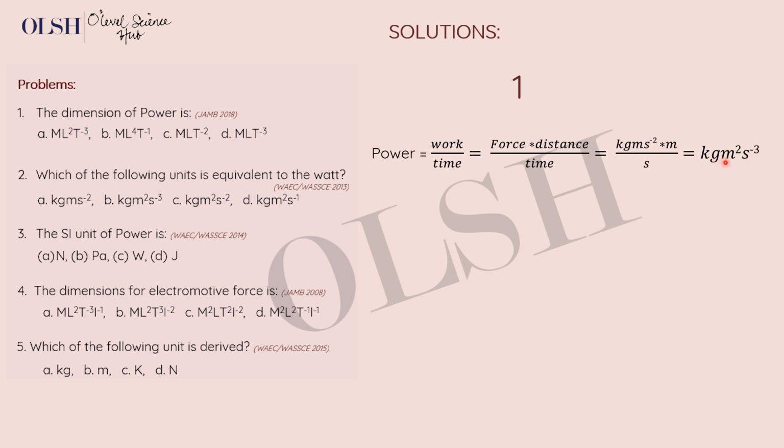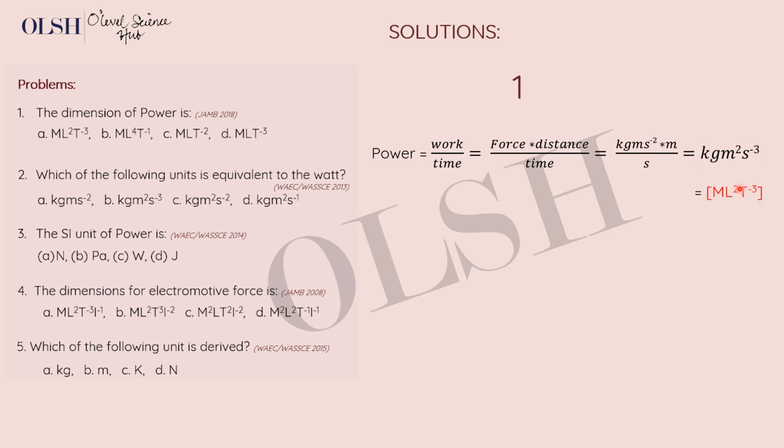So this will finally give us, of course, minus 2 minus 1 is equal to minus 3. So we're going to have kilogram meter squared, meters times meters, and then s raised to the power minus 3, s raised to the power minus 2 times s raised to the power minus 1, which is this one. So this is the formula for power.